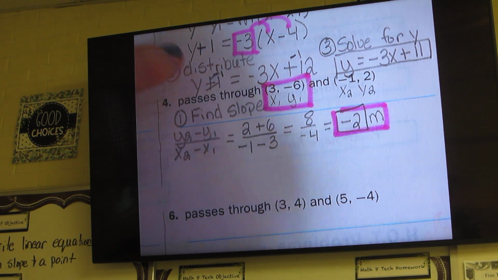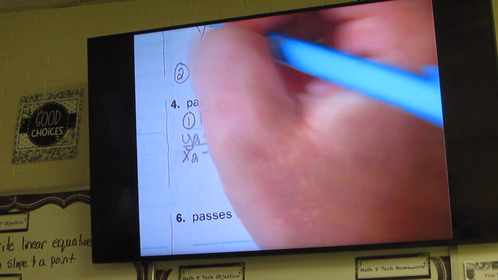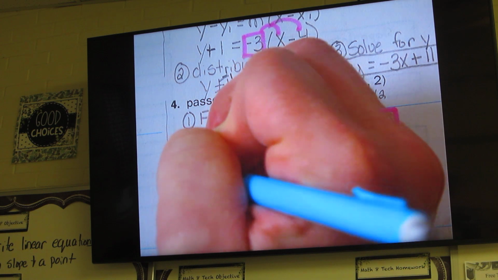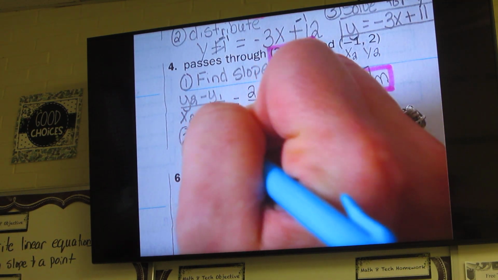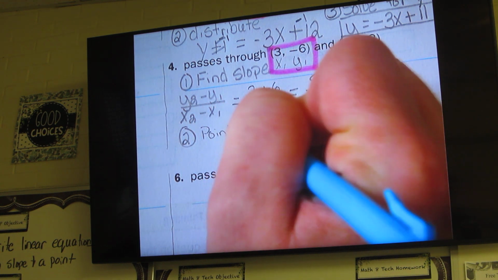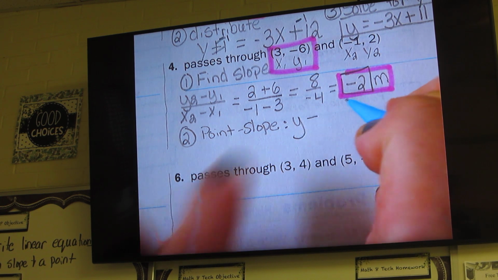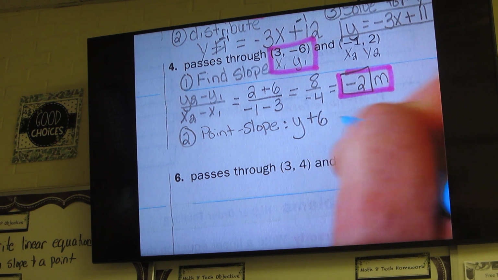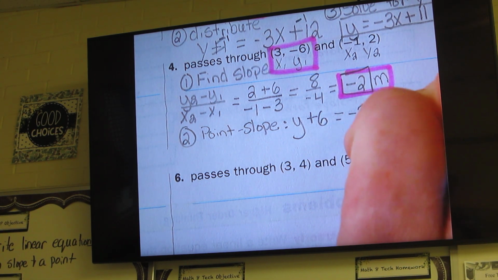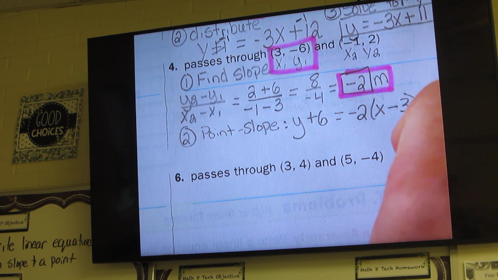So now I do these steps exactly like I did in number 2. So I'm picking up where I started here. Put it in point slope form. Okay, so point slope. Alright, I'm going to do y minus y1, which is negative 6. So minus negative 6 will be plus 6, equals m, which is negative 2, parentheses, x minus x1, which is 3.